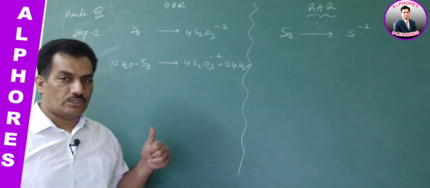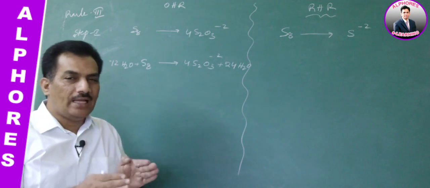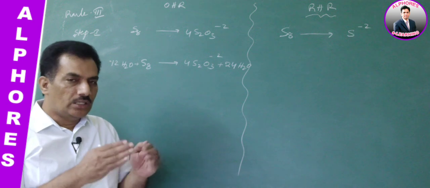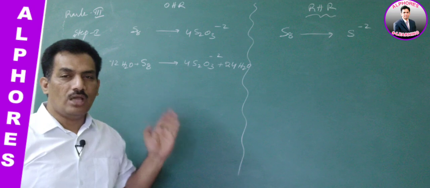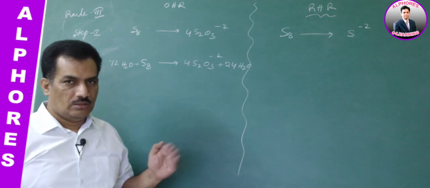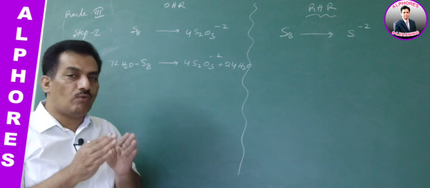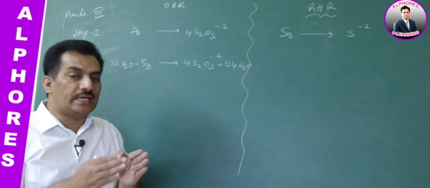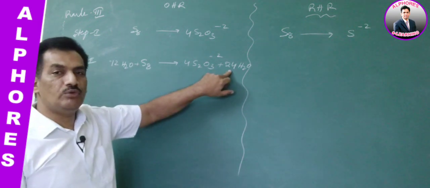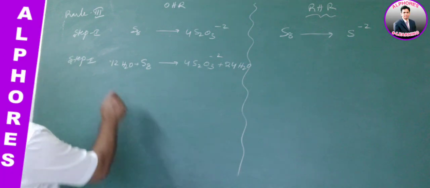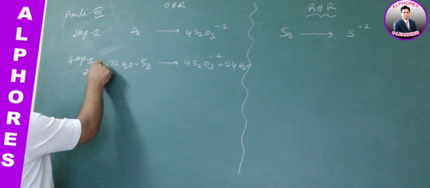This is the logic approach. Now when in the second step we add 24 H2O, in the third step we have to add the same number of OH minus on the opposite side. The number of OH minus is equal to the number of water molecules added in the second step. So here in the second step 24 H2O were added, that's why on this side we have to add 24 OH minus.